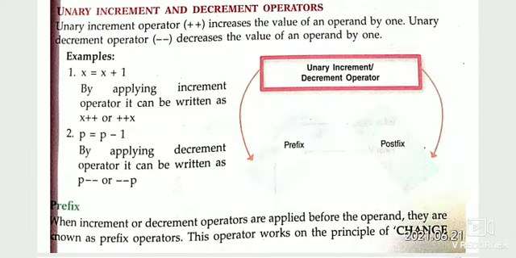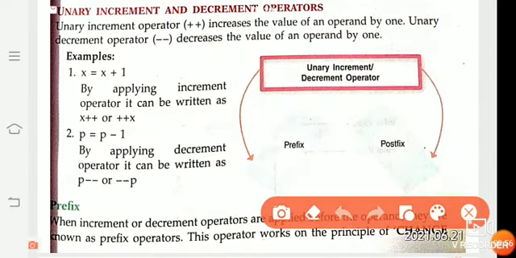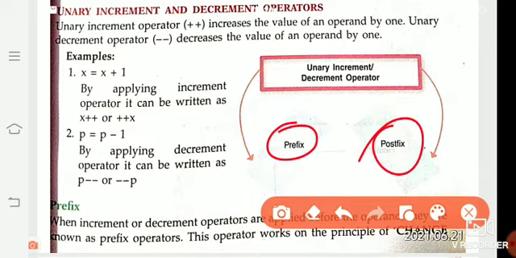In this topic we will discuss the two types of increment and decrement operator: prefix and postfix. Prefix means first increase, then access the operand. Postfix means first access the operand, then increase or decrease the value. Okay, suppose the example, x is equal to x plus 1.